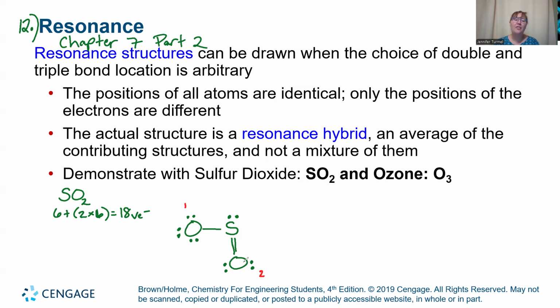But the double bond could also go on oxygen 2. You can draw arrows that say we're going back and forth, and you can draw the exact same structure, but with everything backwards.